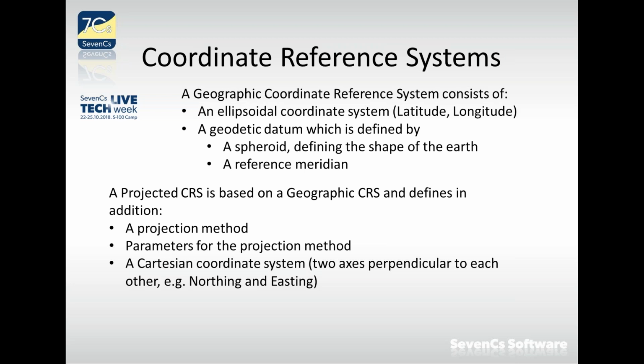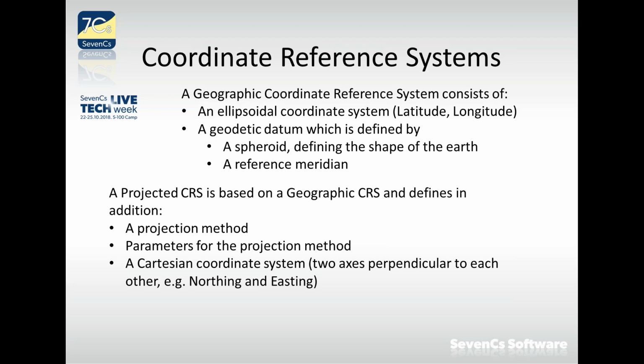A projection method is a mathematical algorithm which turns coordinates of latitude and longitude from an ellipsoidal coordinate system into a Cartesian coordinate system. A Cartesian coordinate system, here a two-dimensional one in the plane, has two axes that are perpendicular to each other. As an example, many of these coordinate systems use the axes northing and easting, although I have also seen others like southing and westing.